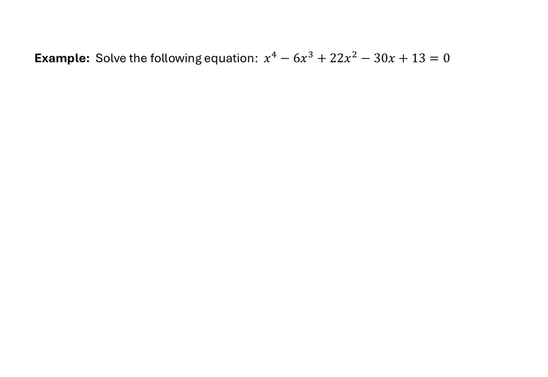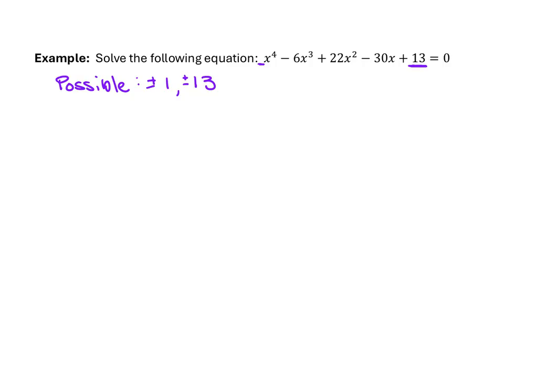We take our factors of 13, so we have 1 and 13, divided by our factors of the leading coefficient, and so this is what we got. We have 1 and 13.